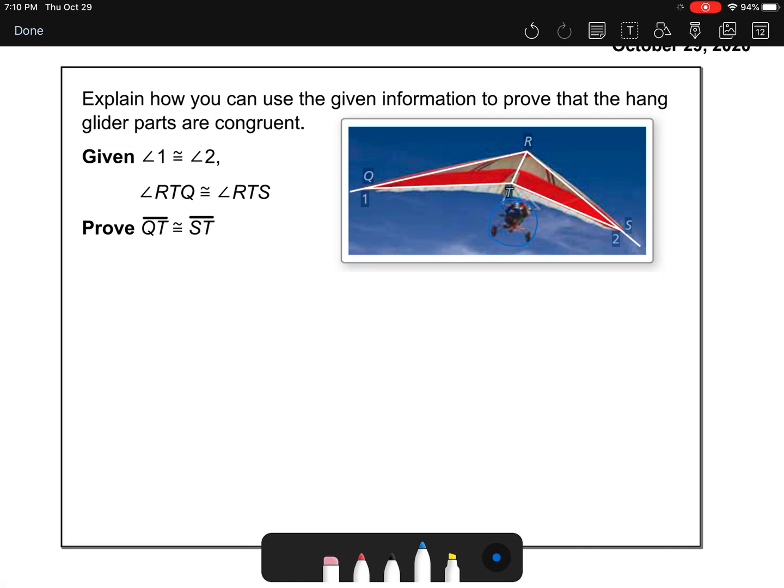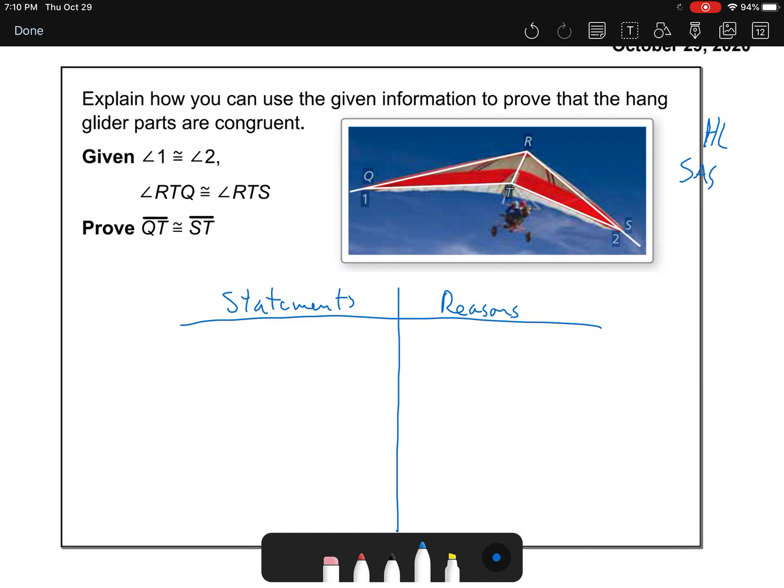So here we have this crazy looking triangle thing, and we're supposed to see if we can prove the triangles are congruent. Well, we're going to line up our T-chart here, our T-proofs, statements and reasons. Now remember, hypotenuse leg, side angle side, side side side, angle side angle, and angle angle side are the only things it can be.